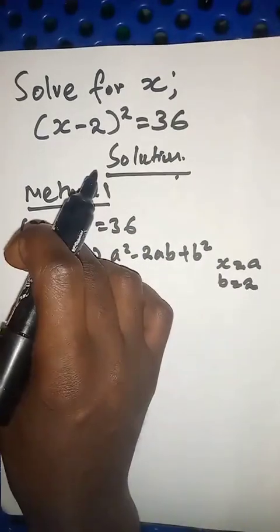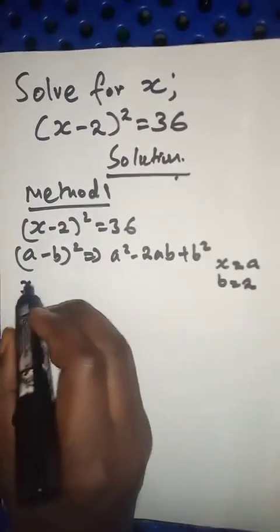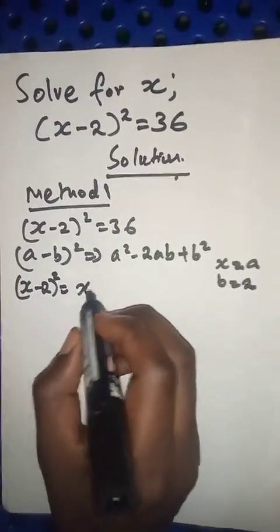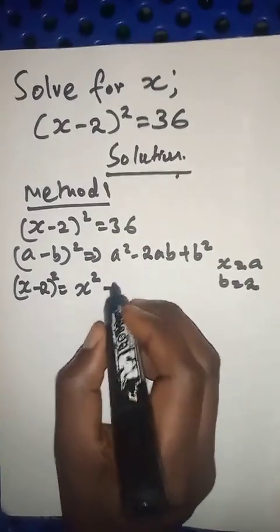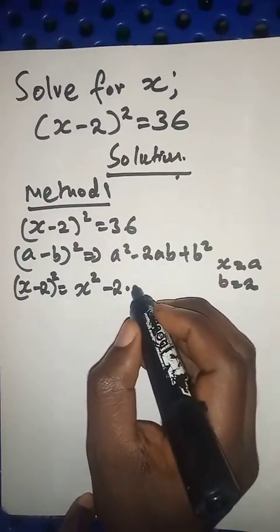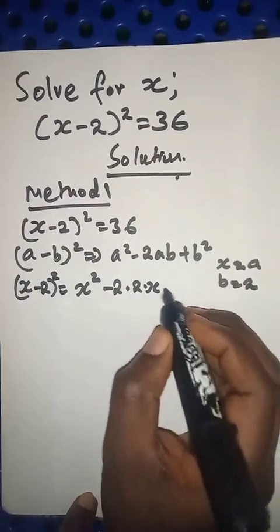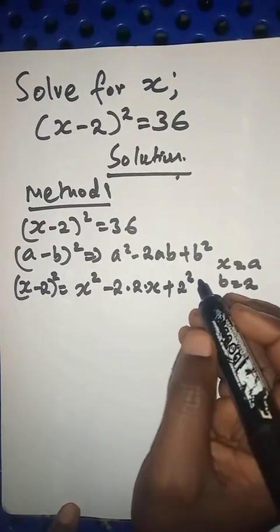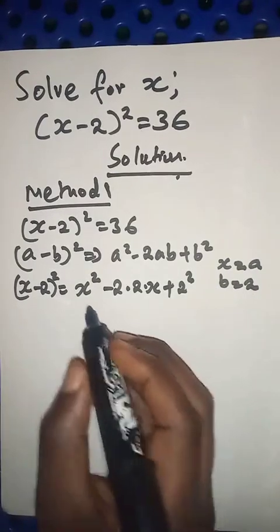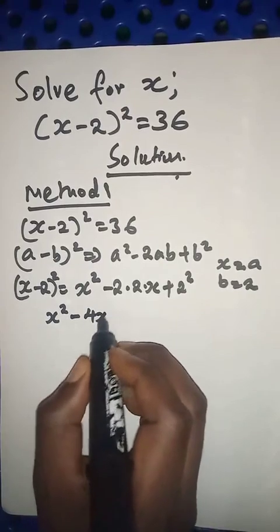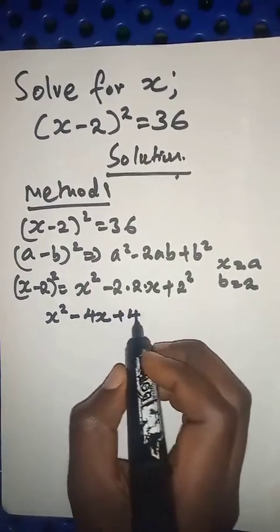Substituting this in the expanded form of (x minus 2) squared, I'm going to have x squared minus 2 times a and b, so that is 2 and then x, and then plus b squared, that is 2 squared, which gives x squared minus 4x plus 4.